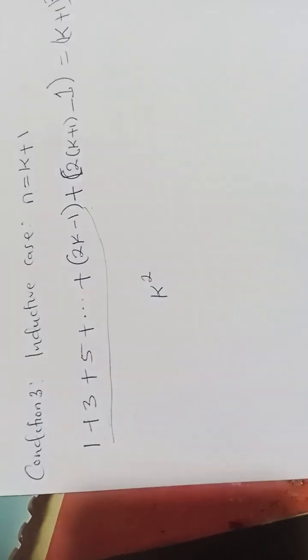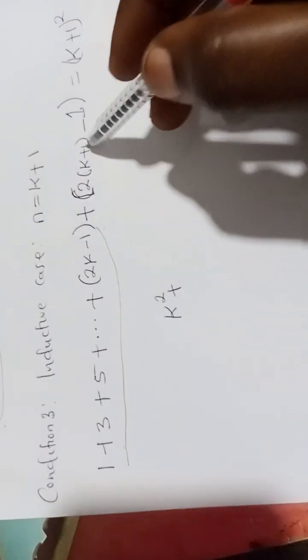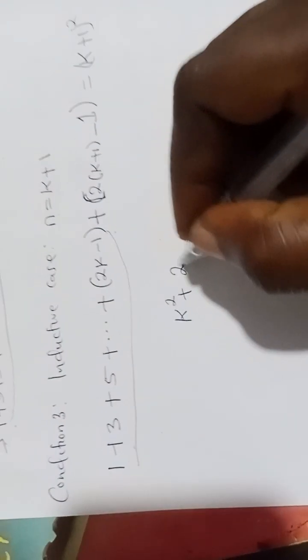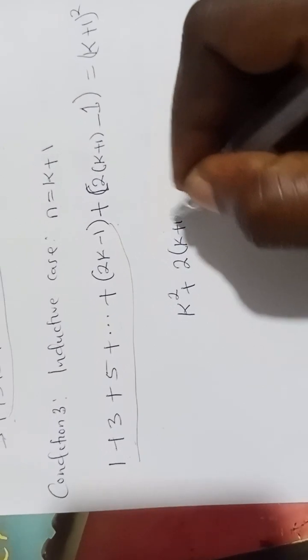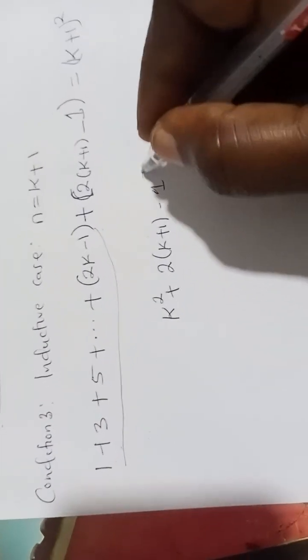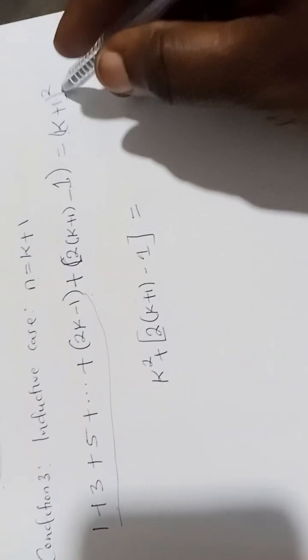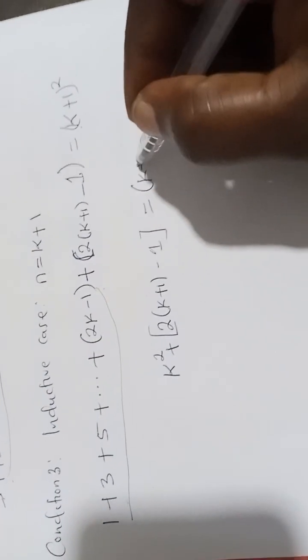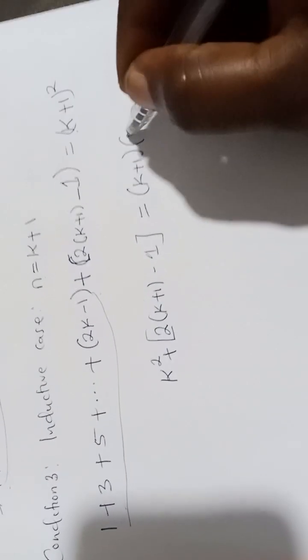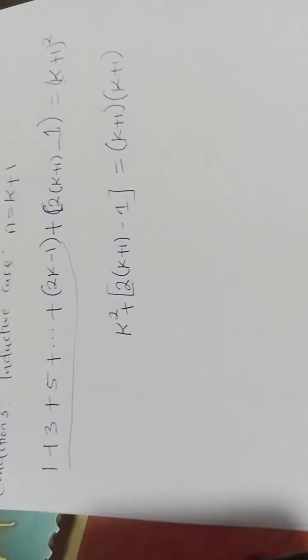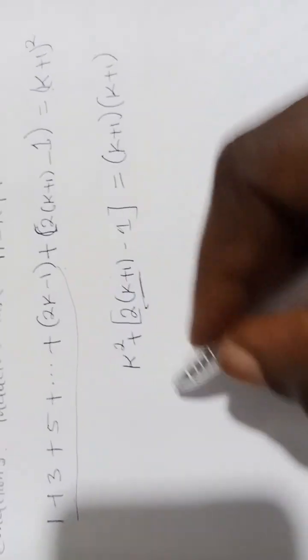So we are going to replace it with k squared plus, bringing this one, 2 into k plus 1 minus 1, right? And on the right hand side, k plus 1 squared means k plus 1 times another k plus 1. Squared means multiply that thing 2 times. So let's open this bracket.